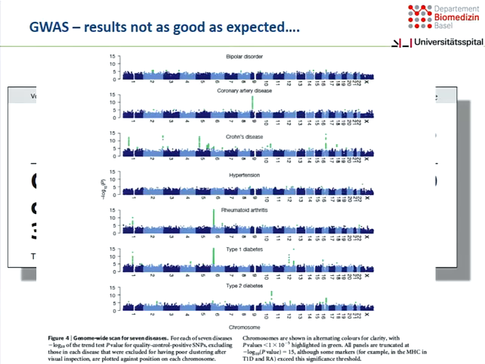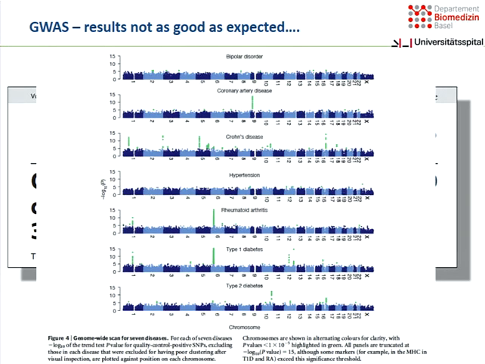And so there was a lot of discussion at that time. So are common variants in fact the ones that contribute to these diseases? What is the contribution of common variation to these phenotypes at all? Or are there other types of genetic variation that we should take into consideration?